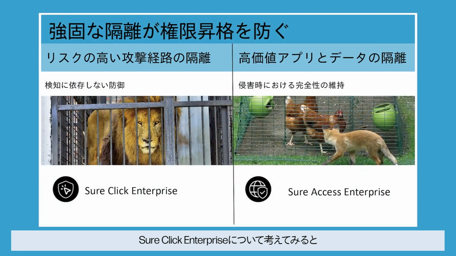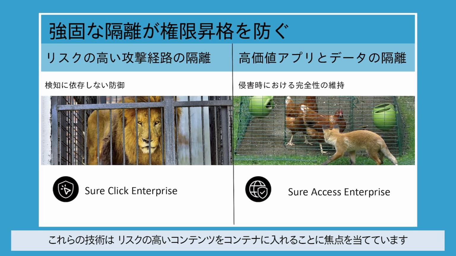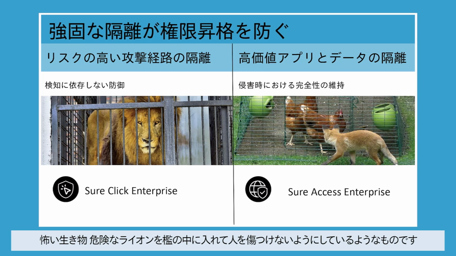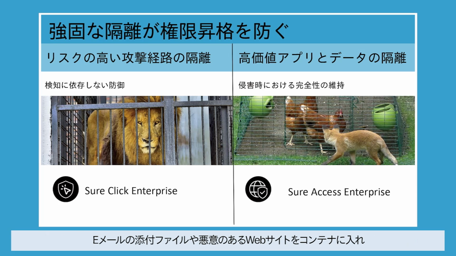So when you think about SureClick Enterprise and the technologies we've just demonstrated previously, those technologies are focused on taking the high-risk content and putting it into the container. So we put the scary creature, we put the dangerous lion into the cage so that it can't hurt you. We put the email attachment, the malicious website into the container so that it can't hurt your users.